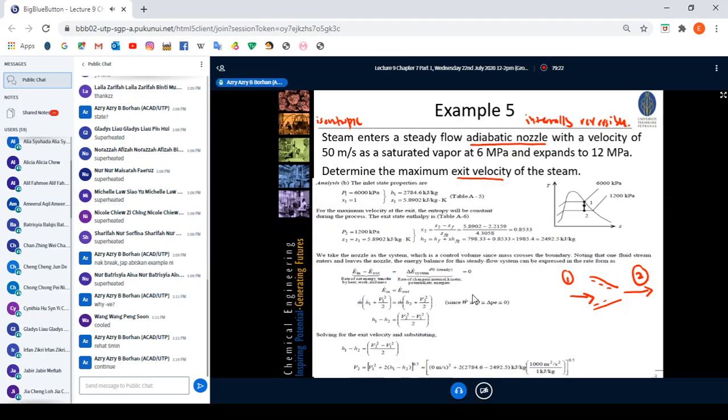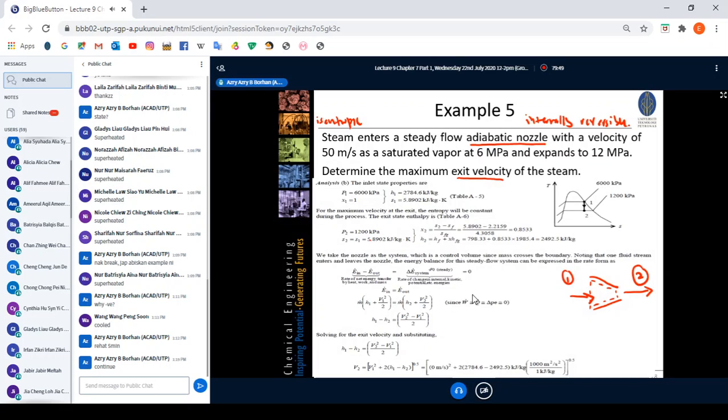Remember your boundary, the real and also imaginary. So you put all the values here. At the inlet, you have saturated vapor, that means X1 is 1. So you list down H1, S1, and it happens that at the outlet we only know the pressure. One of the functions of a diffuser is to reduce the pressure at the outlet.